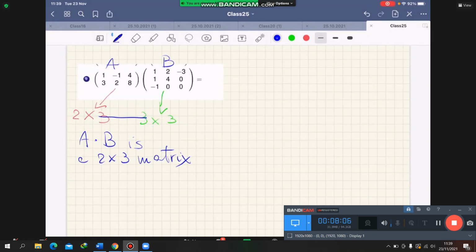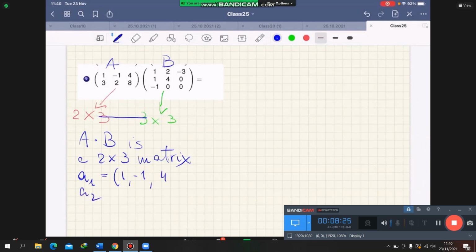For the first time, it may be productive to write explicitly the row and the column vector. So the first row vector of A is 1, minus 1.